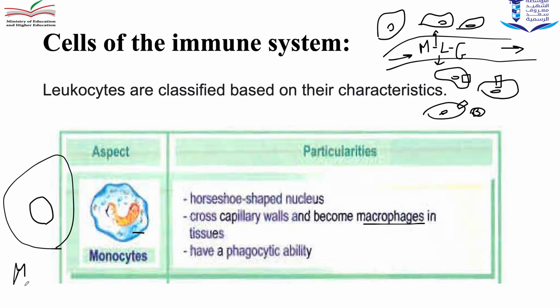Here I don't want to focus on the shape of the nucleus, but I want you to know that the macrophage can perform phagocytosis. It can engulf, it has the ability to perform phagocytosis, and it grows in size. So the first step is crossing the capillary wall. Second, it searches for non-self, and in case it is present, it transforms into a macrophage. If there is no non-self, it stays a monocyte, calm and peaceful, with no need to attack and fight. So monocytes have the ability to perform phagocytosis, meaning they engulf things.